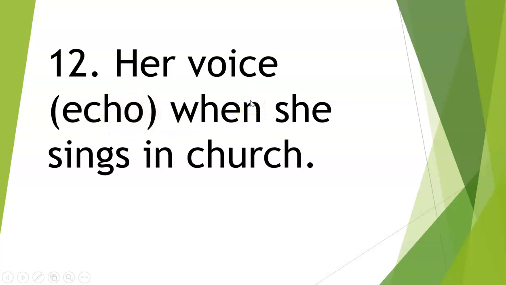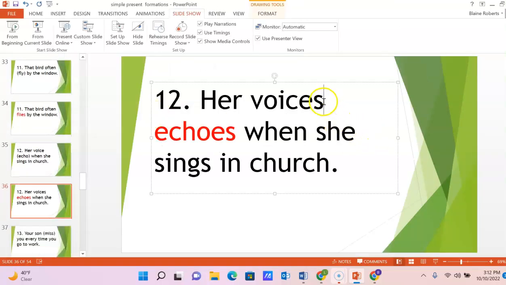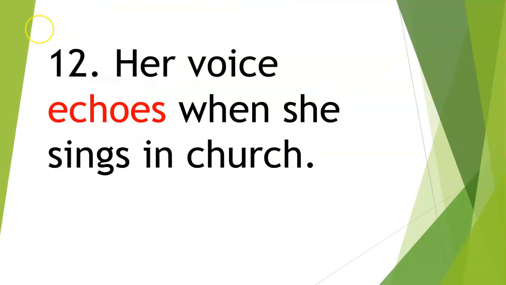Do you remember the rule? Remember that whenever it ends in O, you're going to add an es at the end. And again, I'm just going to take off the s. So we're going to see that it is her voice echoes when she sings in church.